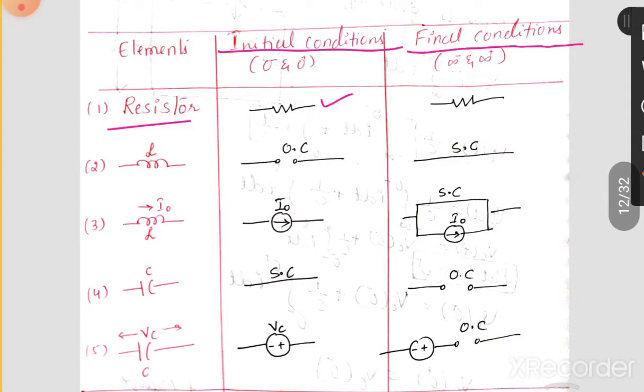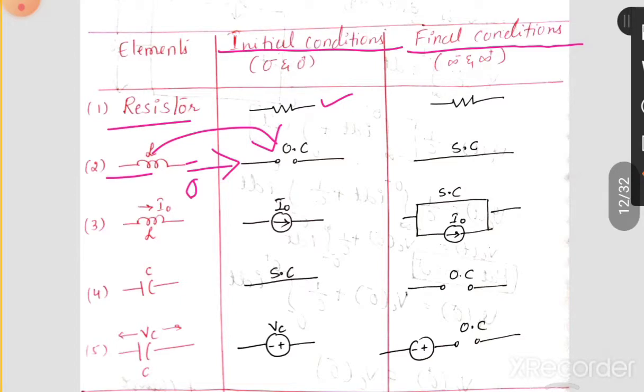Next, the inductor. First, where the initial current flowing through the inductor was 0. If you have a pure inductor, then while taking initial conditions, that is the 0 minus case, if there is no current flowing through it, this inductor has to be replaced by an open circuit.